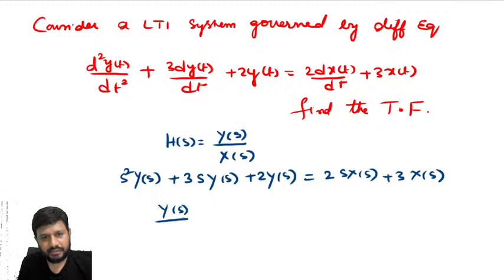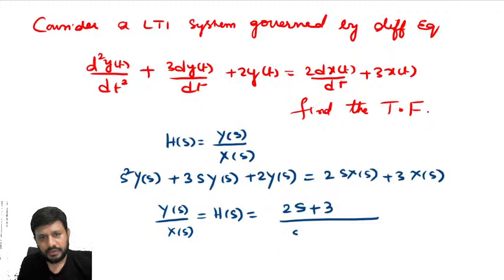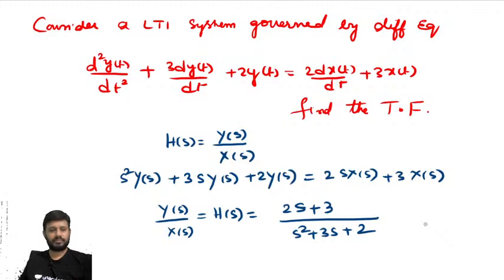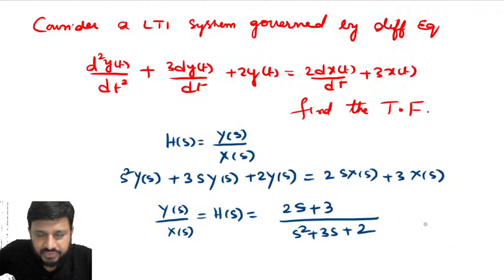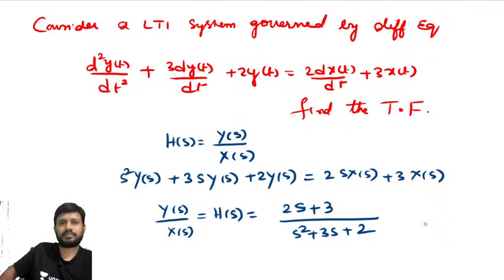So Y of s by X of s, which is nothing but H of s, can be given as 2s plus 3 by s square plus 3s plus 2.